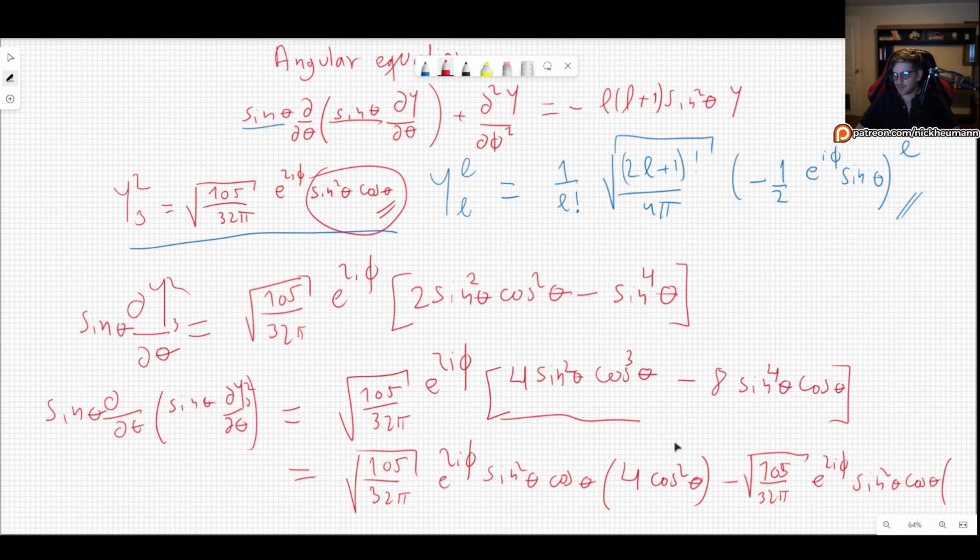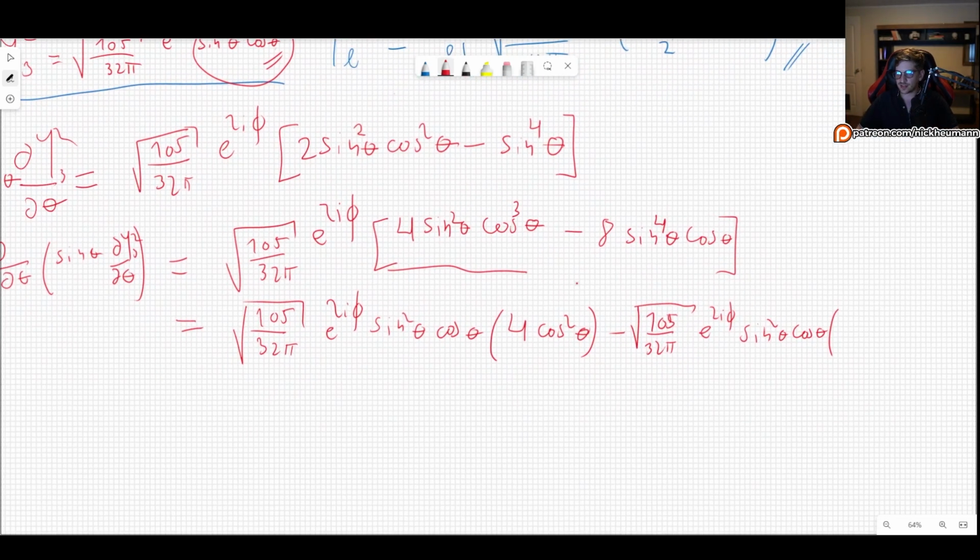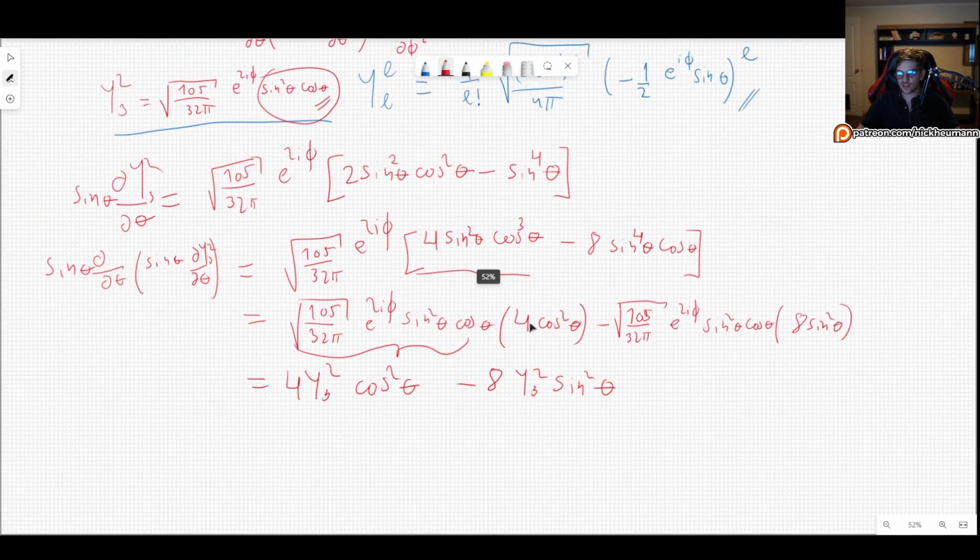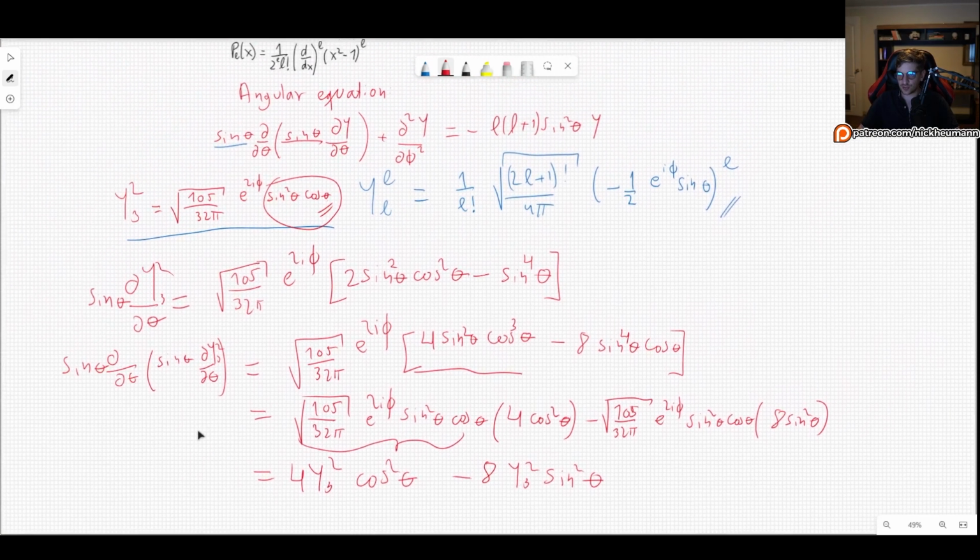And then I multiply by everything that is extra here, which is 8 sine squared of theta. So by doing this, we can see that this entire thing is simply Y32. So we get Y32 times 4 cosine squared of theta. And then we get minus 8 times Y32 times sine squared of theta. So you can see that we considerably simplified how this looks.